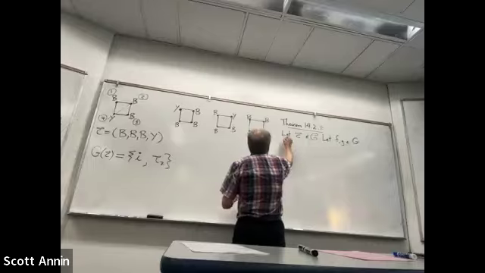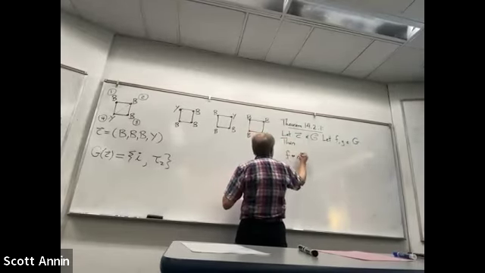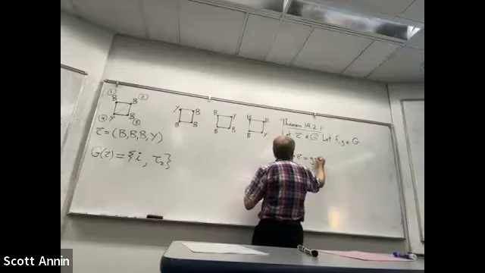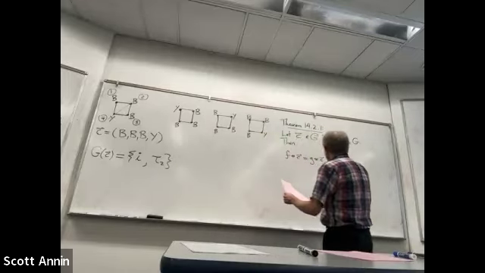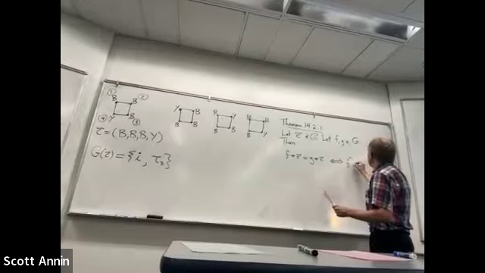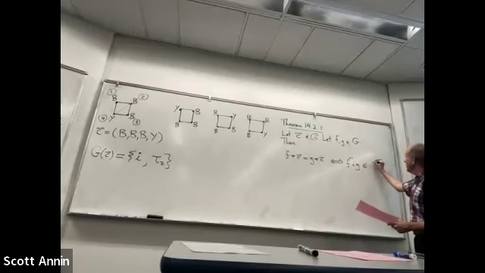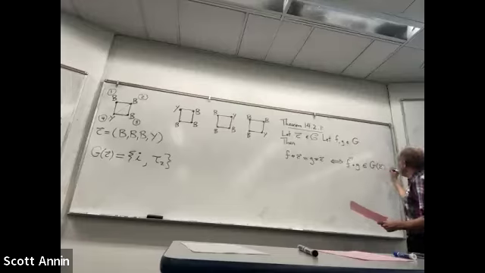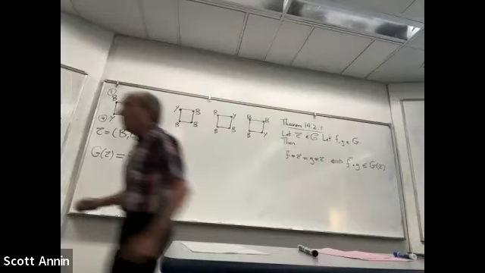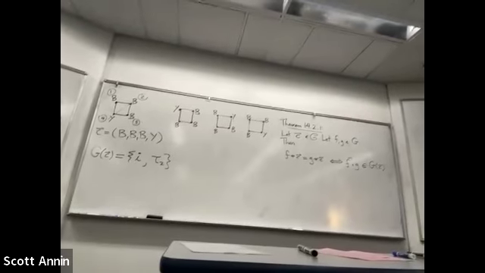And then the statement here is that F star C is the same as G star C if and only if the composition of F inverse composed with G is actually in the stabilizer of C. So that's the statement of our theorem.